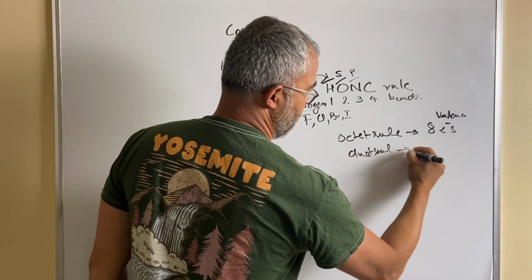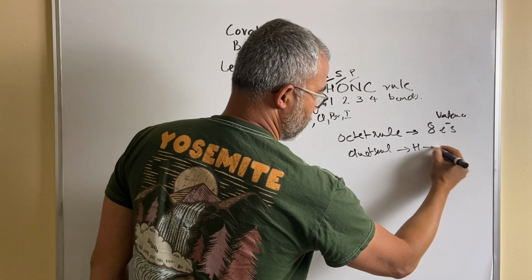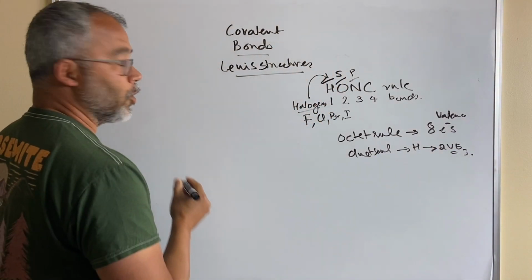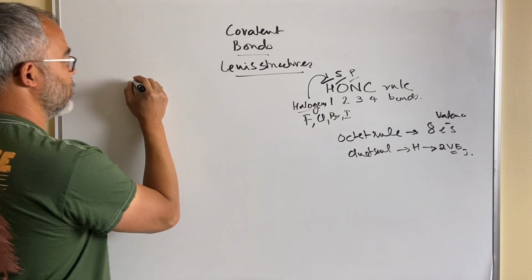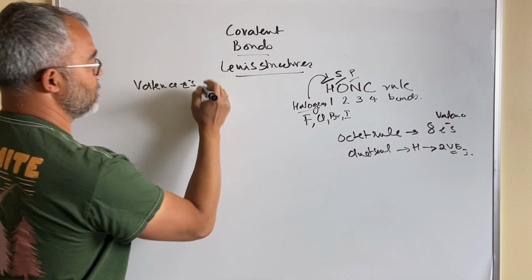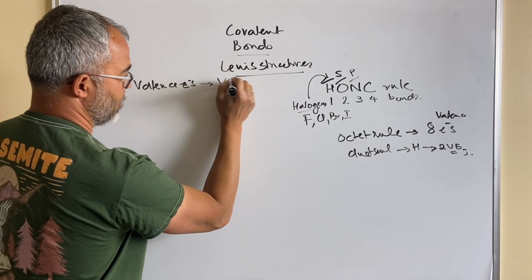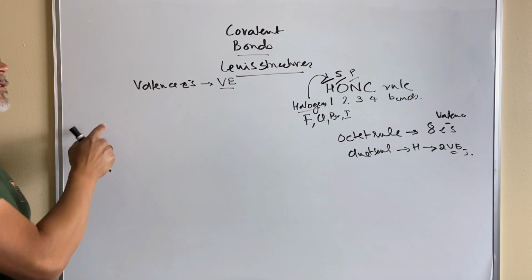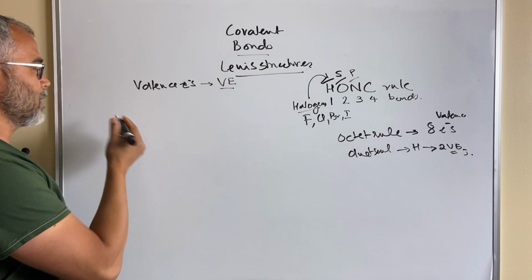So this basically means when you have hydrogen, hydrogen wants 2 valence electrons. In order to apply this, we're going to abbreviate valence electrons as VE, okay?